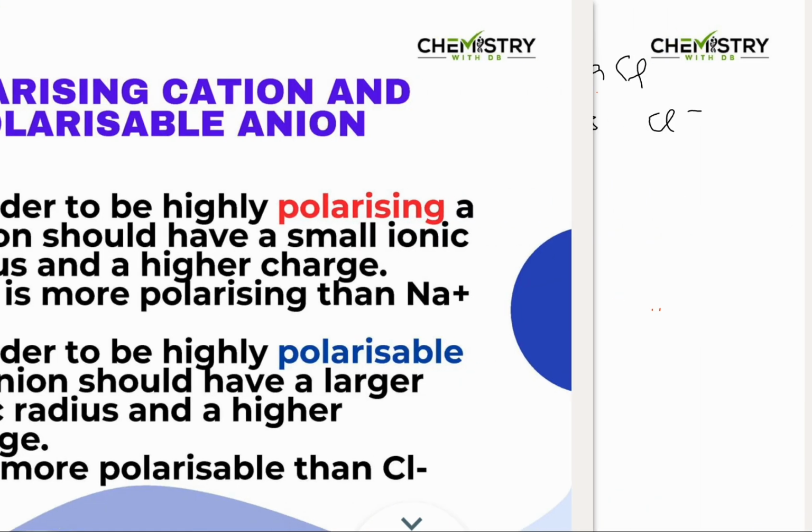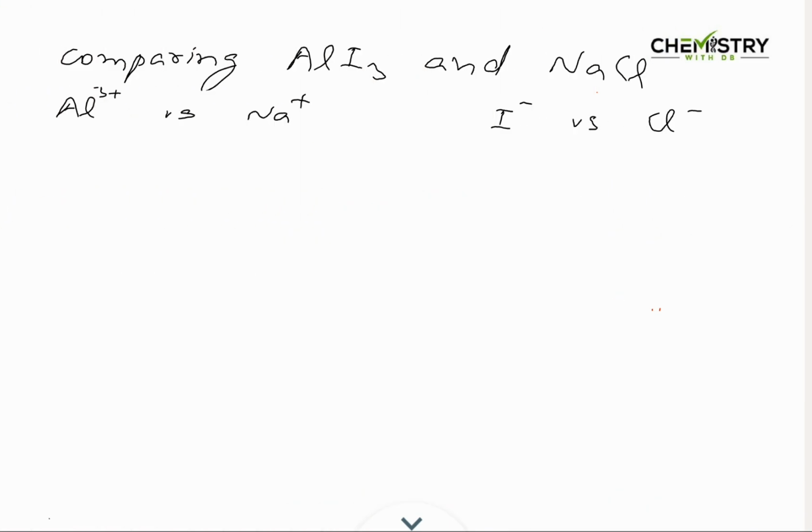I have explained it further by taking an example of, let's say, aluminium iodide and sodium chloride. Aluminium ion is smaller than Na plus and it has a bigger charge. Therefore, Al3 plus is more polarizing.